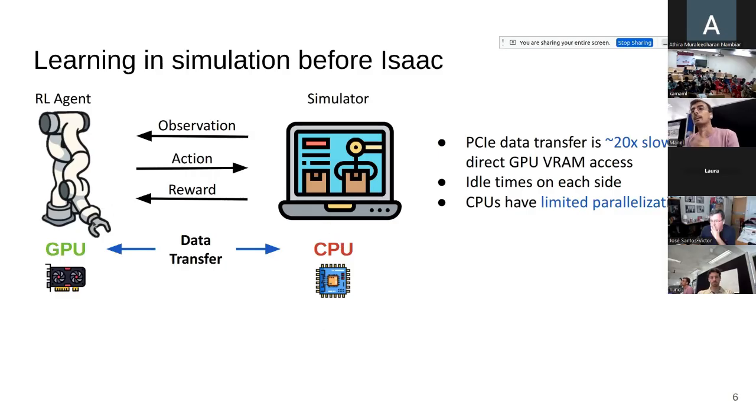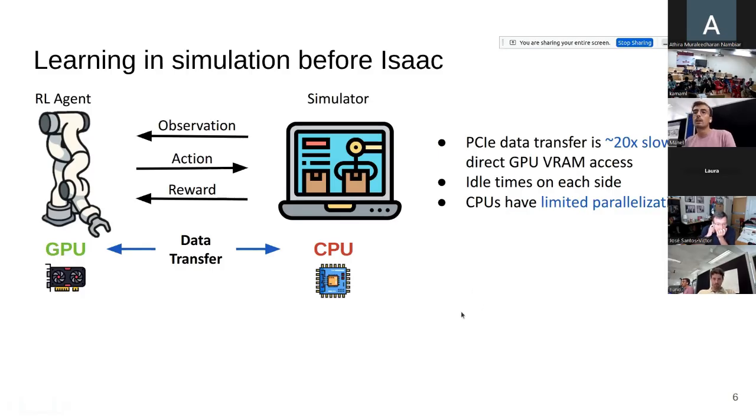And then again, back the other way to the GPU for the next step. And so this is, as you can imagine, very inefficient, because the data transfer is a lot slower because it has to go through the PCIe bus. So this is, I calculate, about 20 times slower than if everything was happening in the GPU and you had everything in the same memory.